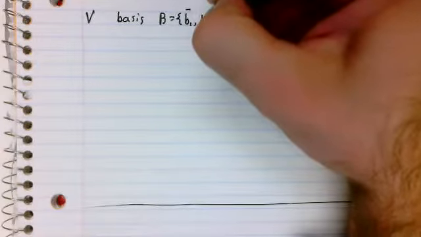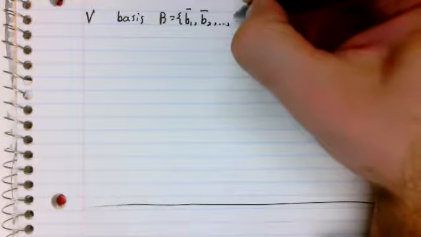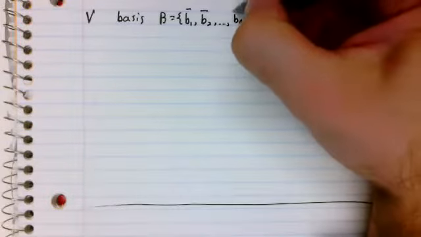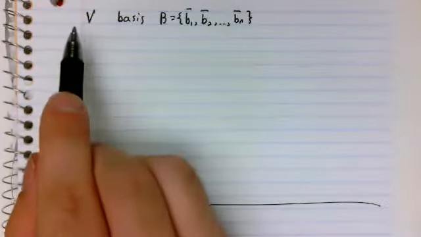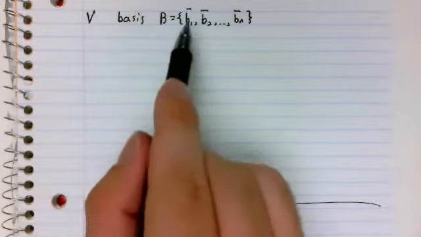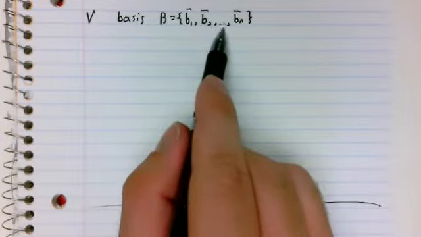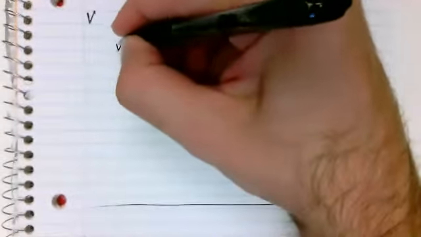B1 up to Bn. Well, any vector in this vector space is a linear combination of these basis vectors.